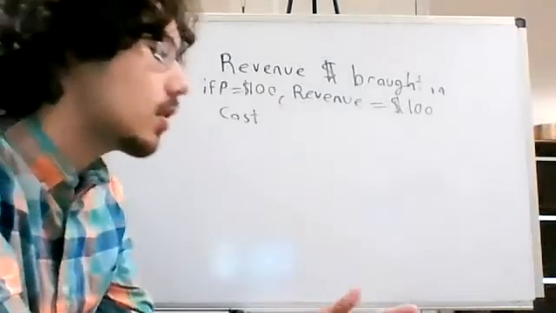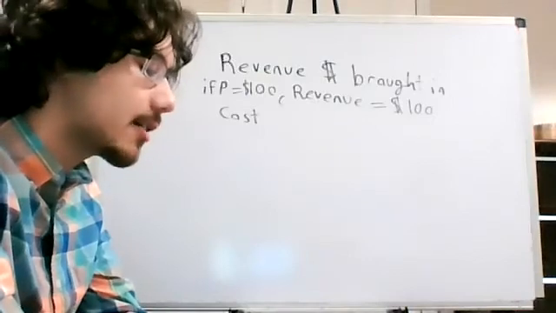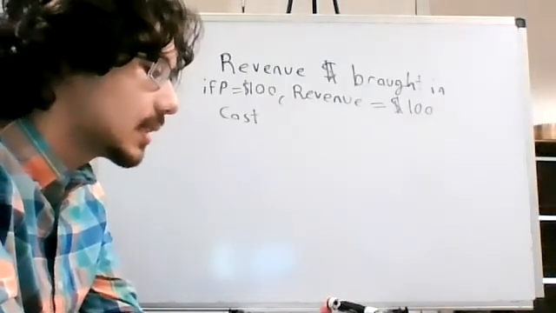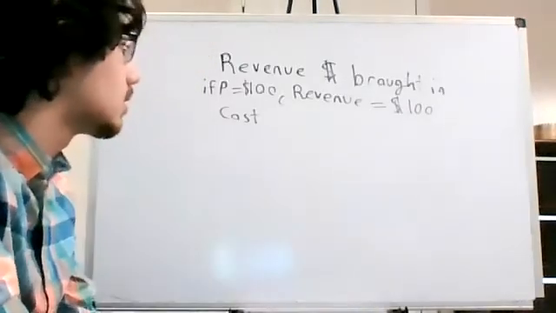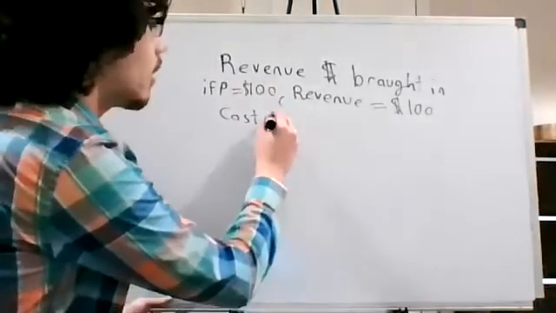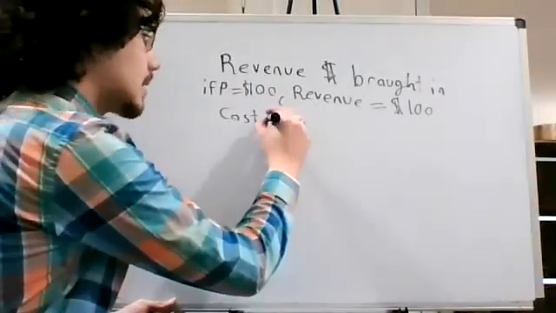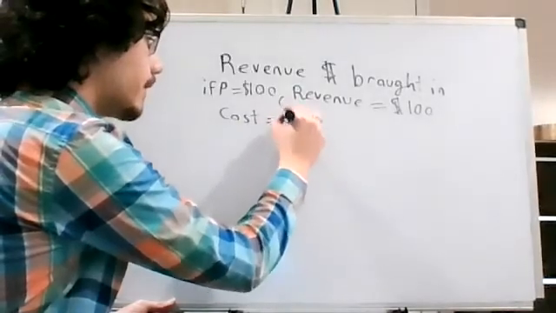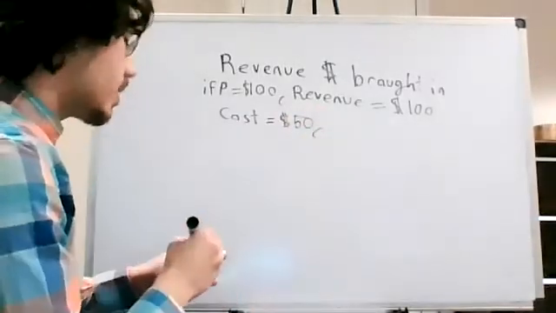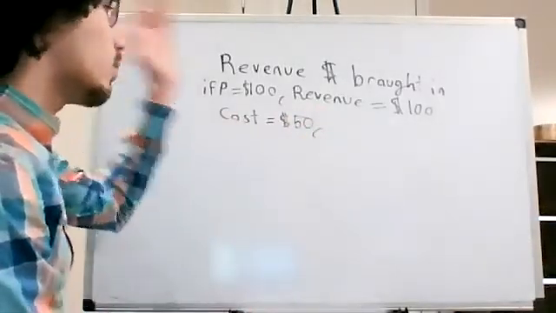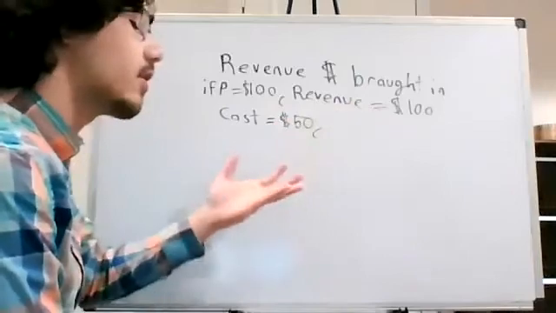So cost refers to the amount that you have to pay in order to make the material and transfer it to you and to turn the material into a marker in this instance. So let's say after all of that, the cost of making the marker is equal to $50. So cost is 50% roughly, because revenue is $100 and the cost was $50, and that means the cost is about half of the revenue in this case.